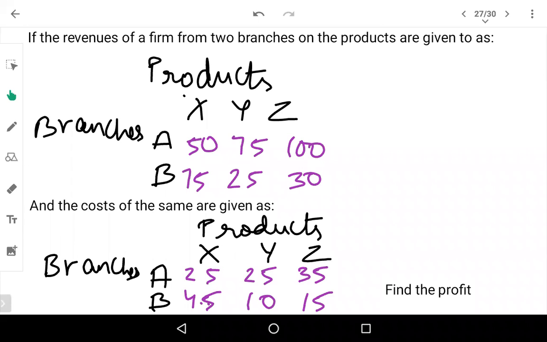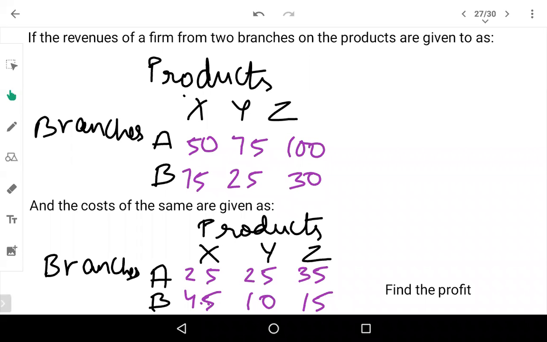So we can use the formula profit is equal to revenue minus cost, and we can find out the values here. Before that, we have to convert all of these numbers into the matrix. So this information here will become the revenue matrix, because if you see here it says revenue. So this will become the revenue matrix and this will become the cost matrix.